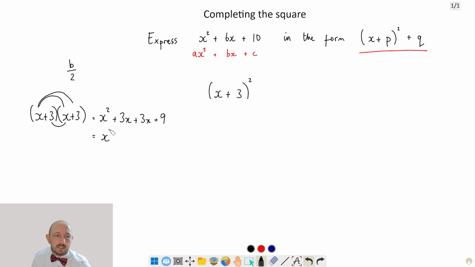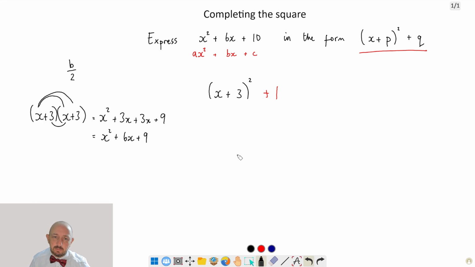So when I tidy this up a bit, x squared plus 6x plus 9, we can see that that double brackets there has almost given us the thing that we actually want in the question, x squared plus 6x plus 10. This x squared plus 6x plus 9 is very slightly out. So when we look at the difference between this and this, we can see that we've got x squared plus 6x plus 9. We actually need 10, so we just have to add an extra 1 like that.